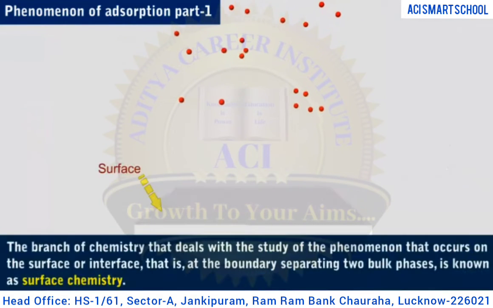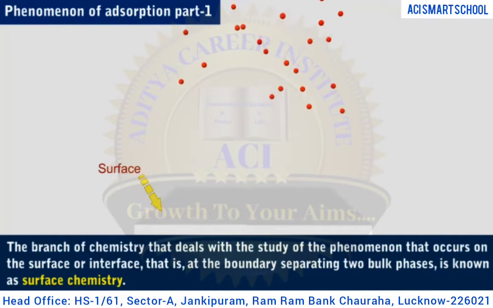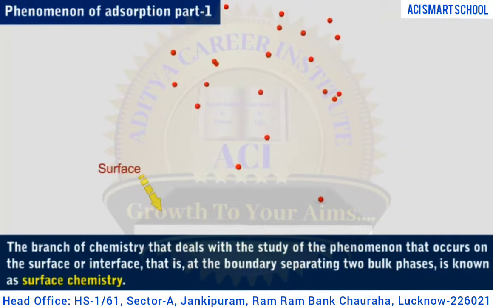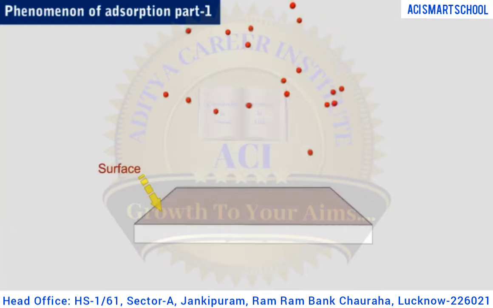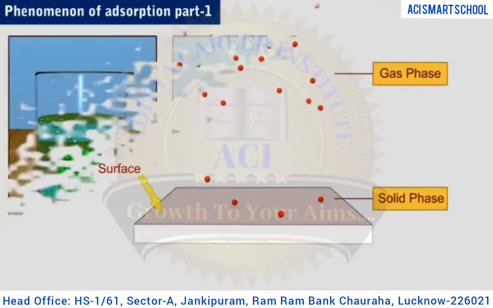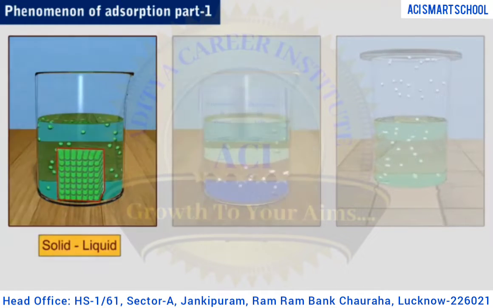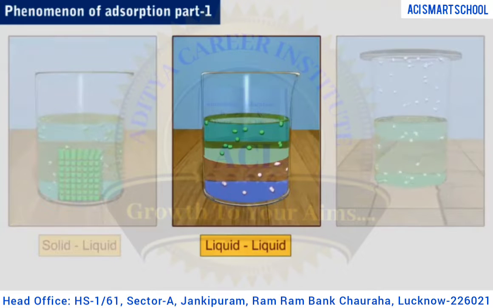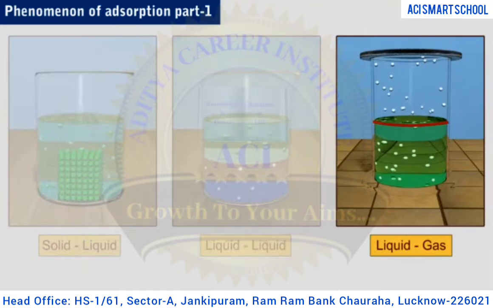The branch of chemistry that deals with the study of the phenomenon that occurs on the surface or interface, that is, at the boundary separating two bulk phases, is known as surface chemistry. An interface is a surface that forms a common boundary between two different phases, such as an insoluble solid and a liquid, two immiscible liquids, or a liquid and an insoluble gas.